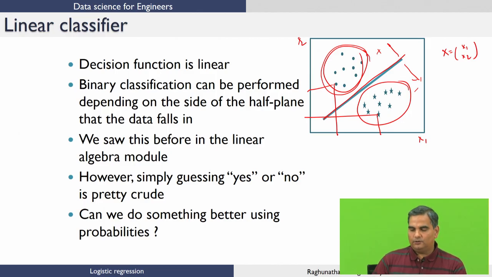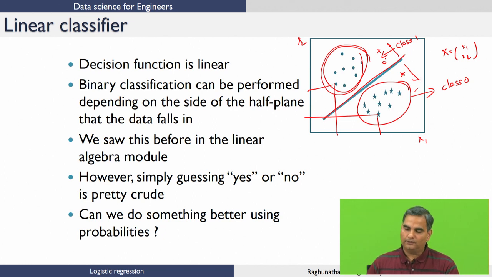So, if you were to do this classification problem, then what you could say is if I get a data point somewhere here, I could say it belongs to whatever this class is here. So, let us call this, for example, class 0, and this class 1, and we would say whenever a data point falls to this side of the line, then it is class 0, and if a data point falls to this side of the line, we will say it is class 1.